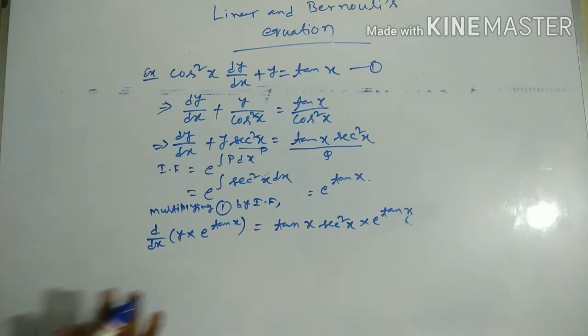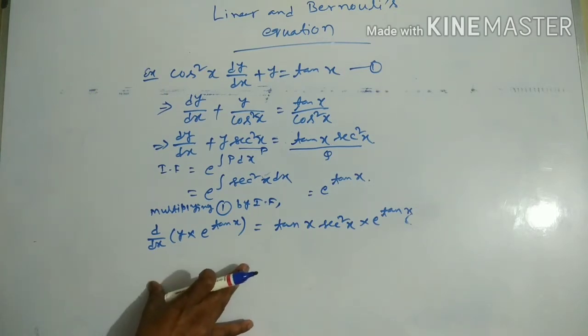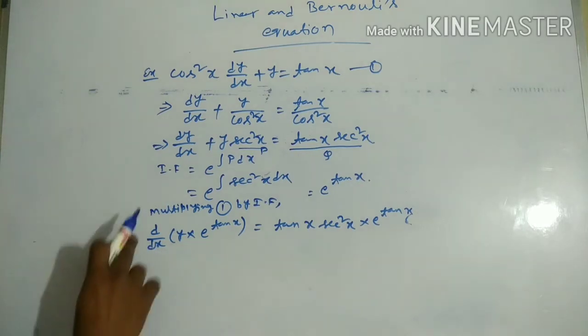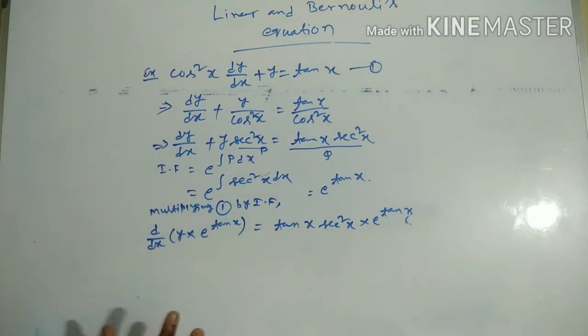So we do not write that line directly, we write in this form, differentiation of product of two functions, so that to integrate it is easier.